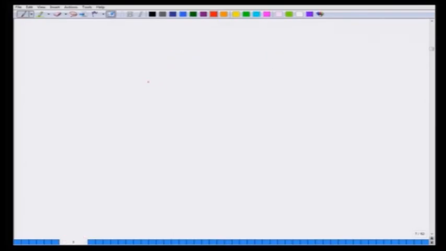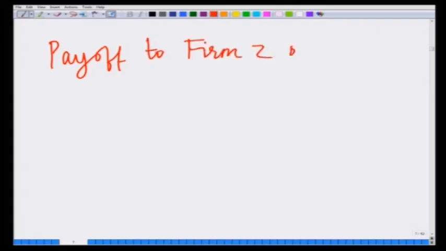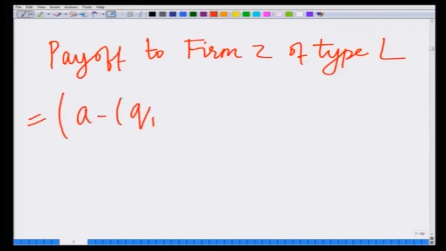The payoff to firm 2 of type L is equal to A minus Q1 plus Q2L, times Q2L, price times the quantity, minus the cost.